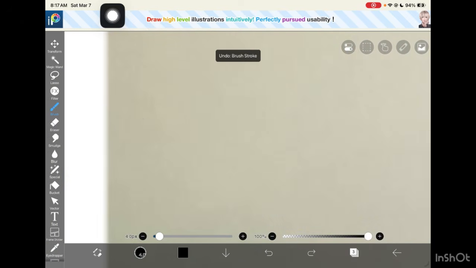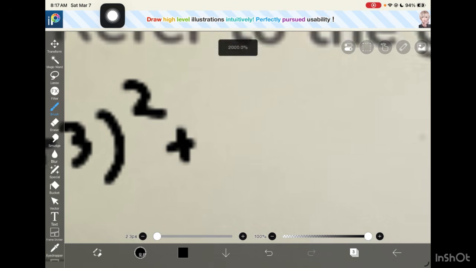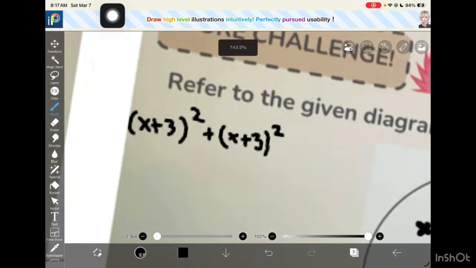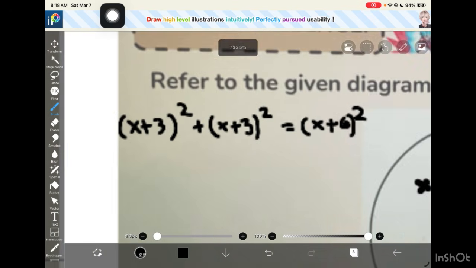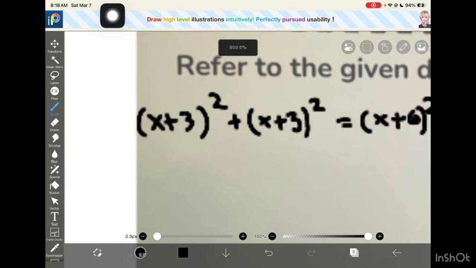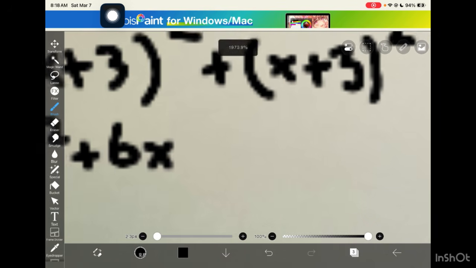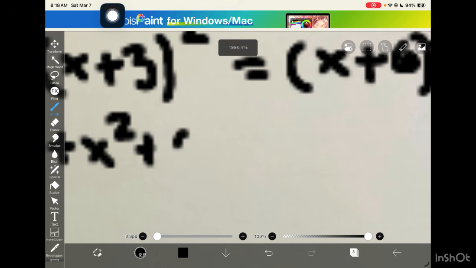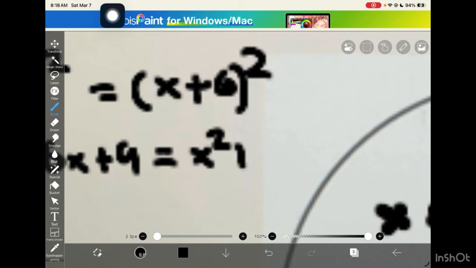So it's going to be a squared plus b squared: x plus 3 squared plus x plus 3 squared again is equal to x plus 6 squared. When you expand this, it becomes x squared plus 6x plus 9 plus x squared plus 6x plus 9 is equal to x squared plus 12x plus 36.